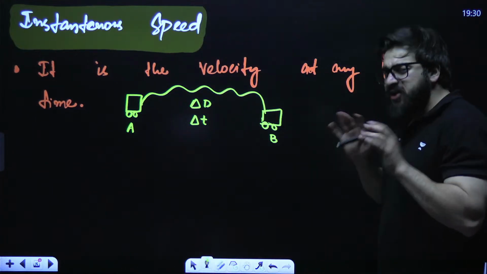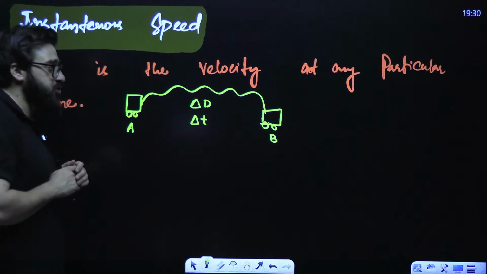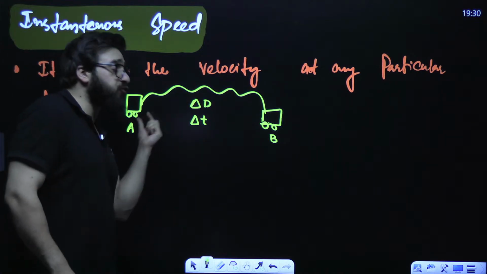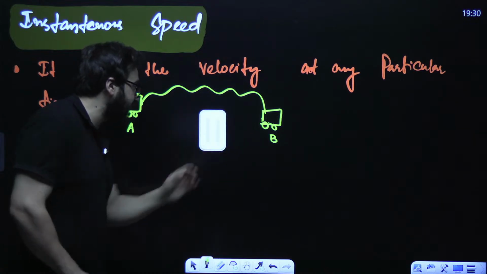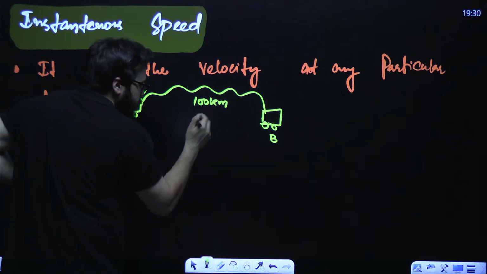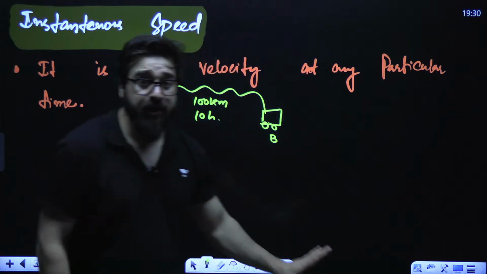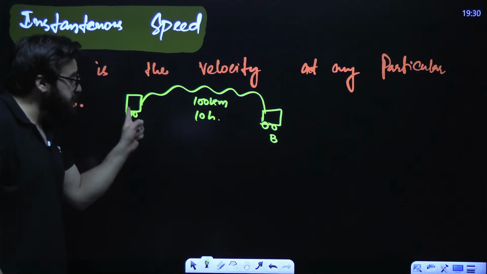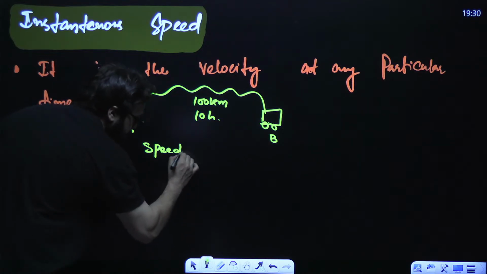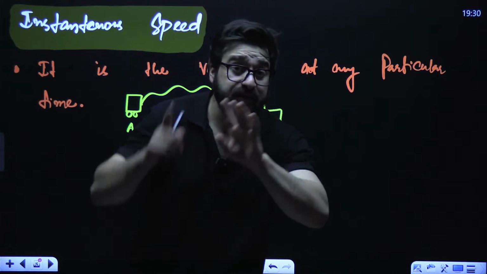My dear friends, if I ask you the simple question, what was the speed of the car from A to B? Let's suppose instead of delta D, I write 100 kilometers, and from A to B the time is, let's suppose, 10 hours. What is the speed of the car from A to B? When it comes to speed, how do we find distance by time?